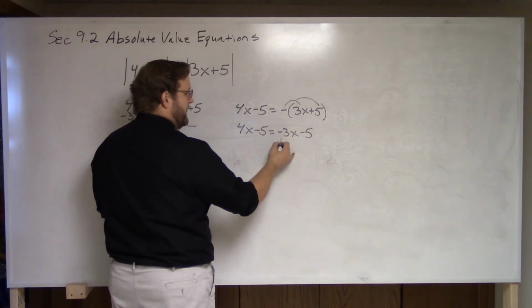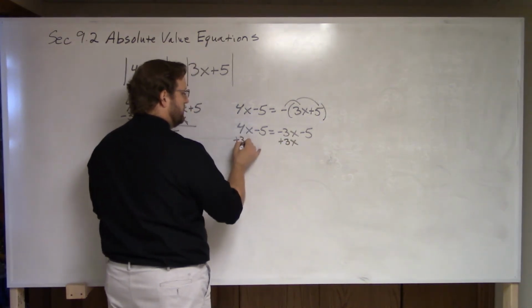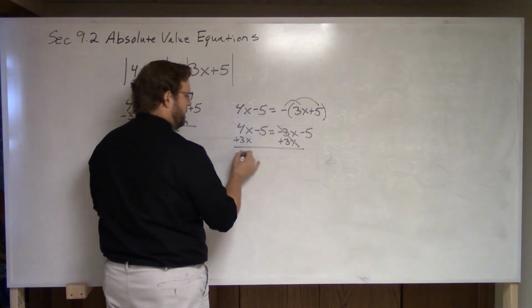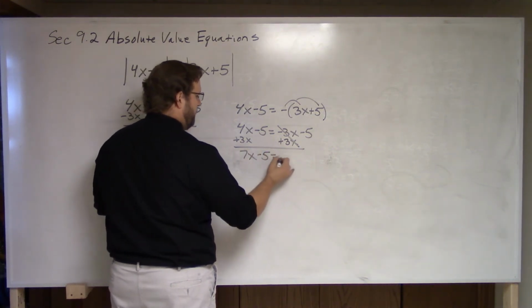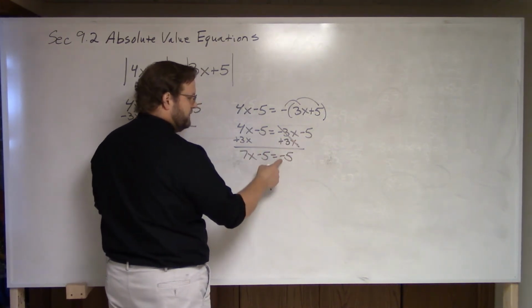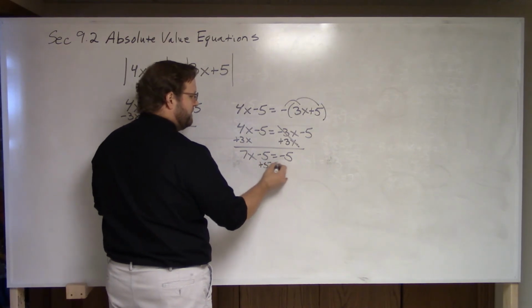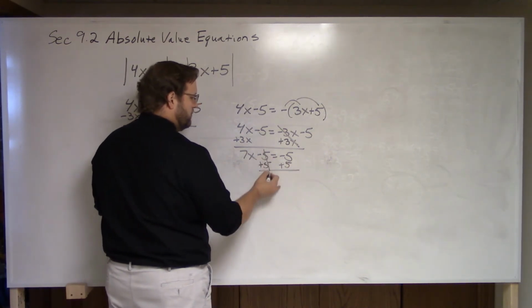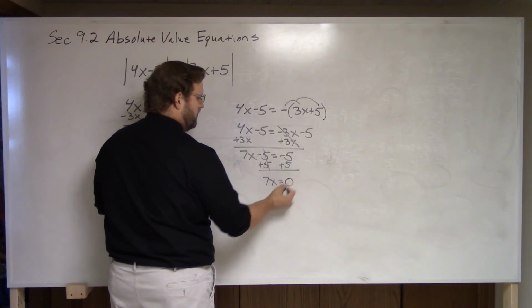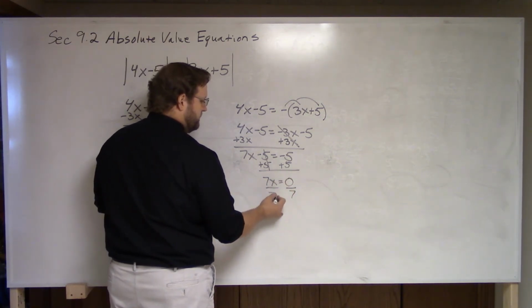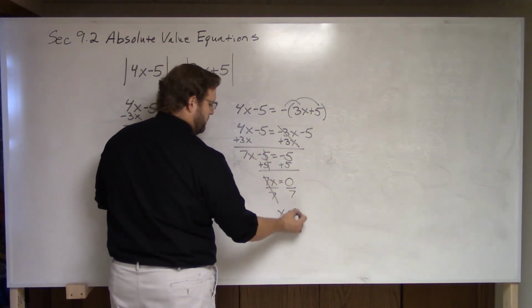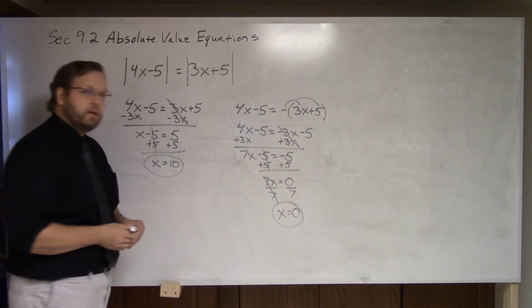And then I'm going to add the 3x. Don't lose that negative on the 5. I'm going to add a 5. And then divide by 7. And there we have it.